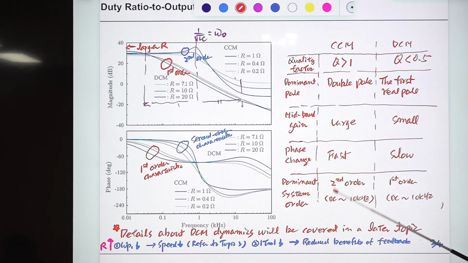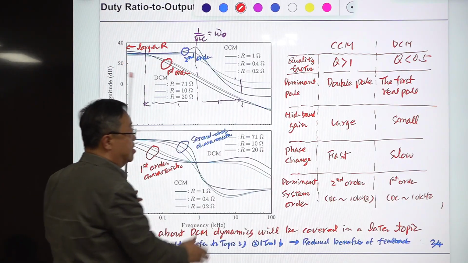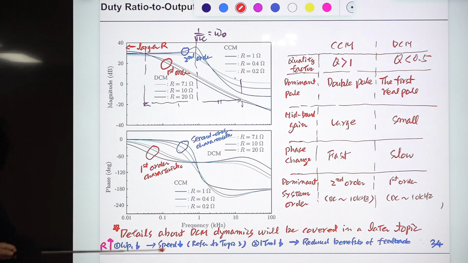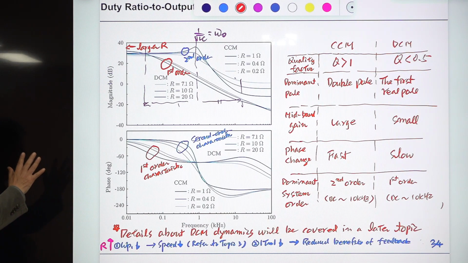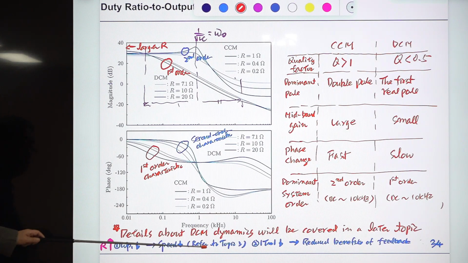This is the second order system, and this is the first order system. We are only looking at this frequency range, and the details will be covered later. This will have a profound effect on your control design, so keep this double pole characteristic in mind.